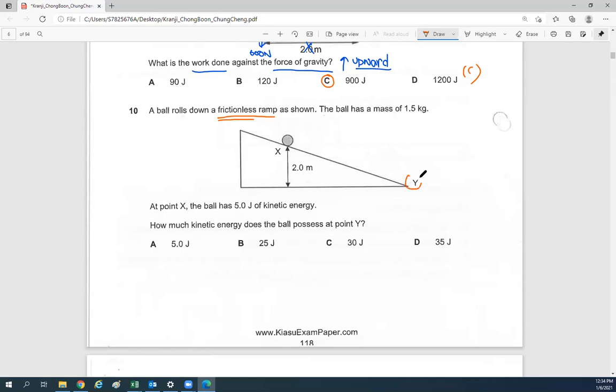So over here, what is the kinetic energy? The Ke here, they say, is 5 joules. But of course, the ball does not only have Ke. The ball has got some other form of energy.